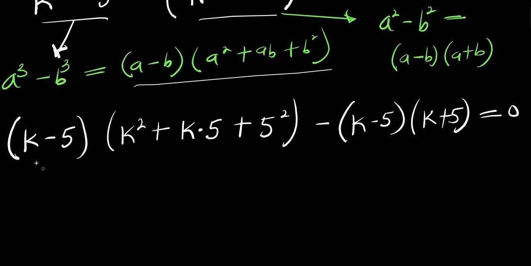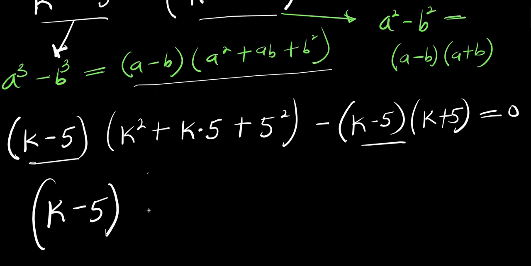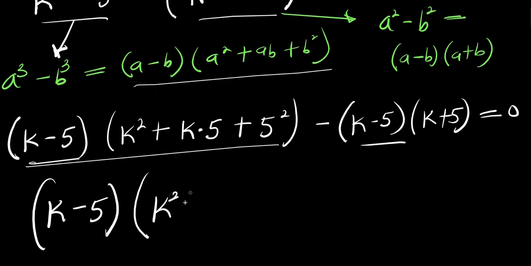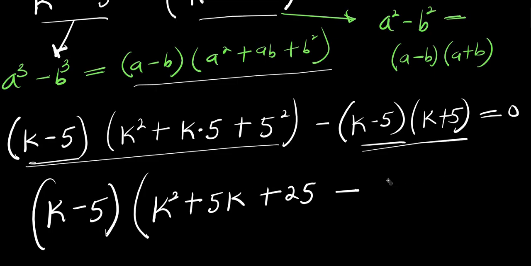So from here, k minus 5, k minus 5, we have k minus 5 times this divided by k minus 5, we have k squared plus 5k plus 25, minus this divided by k minus 5, we have k plus 5, equals 0.